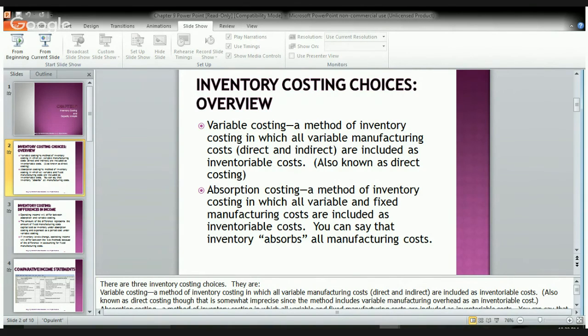So basically, what's happening there is if we're under variable costing, they could play with the numbers, push up production to get those numbers higher. It measures the cost of all manufacturing resources, both variable and fixed, necessary to produce inventory. So, in other words, it's pretty much more accurate in regards to the cost of the product.